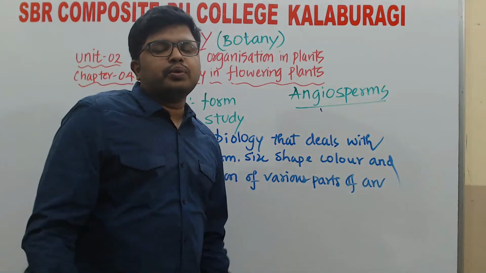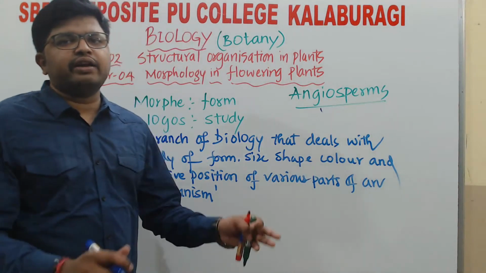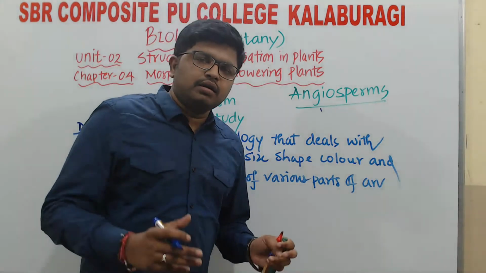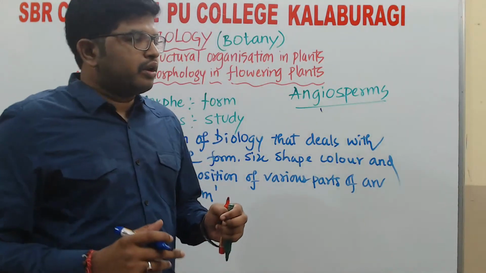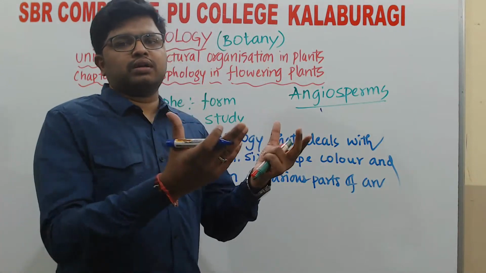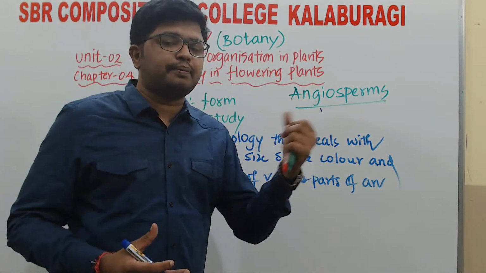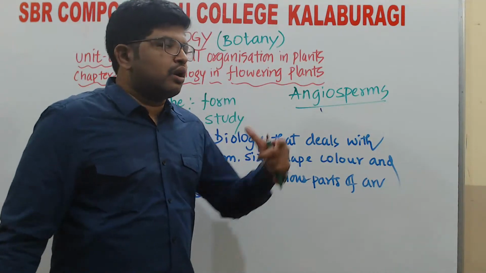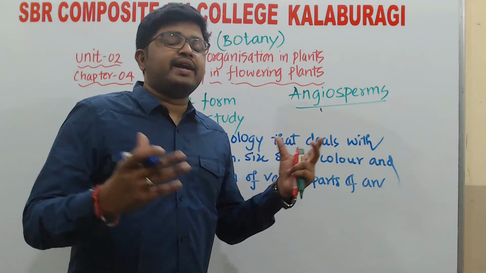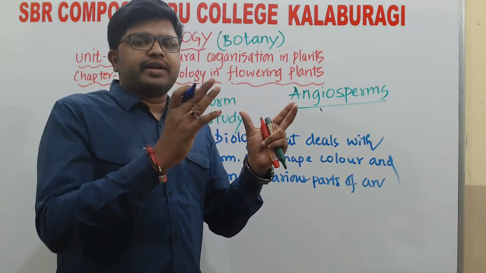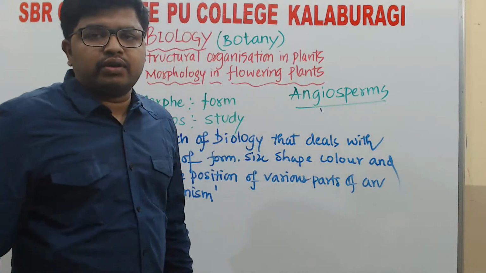Now, during taxonomy you learned how to identify an organism using various taxonomical aids. Right, you have already studied them. Now when we see any particular organism, you're going to see the outer form, like the external appearance, how tall it is. We talk about the size dimensions, how tall the organism is, how wide the organism is, what is its color. So all these criteria come under morphology.